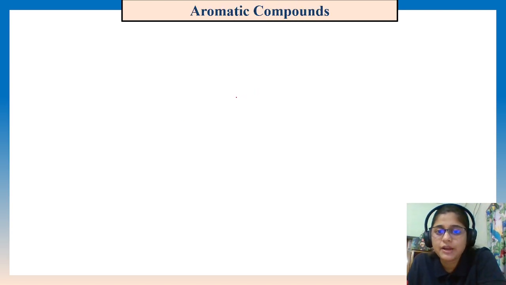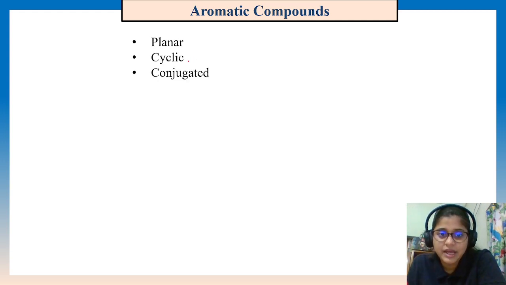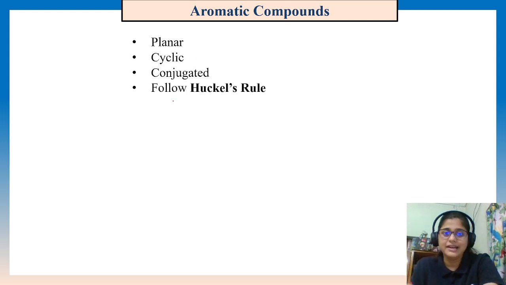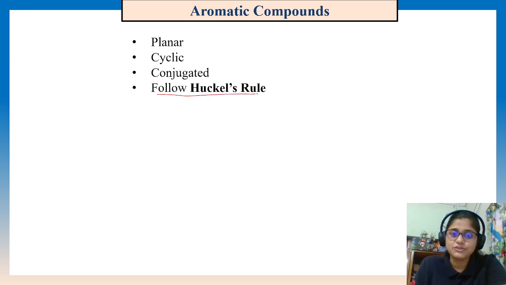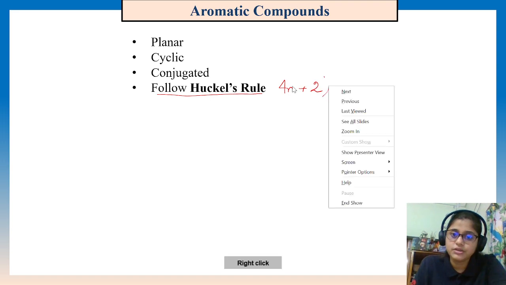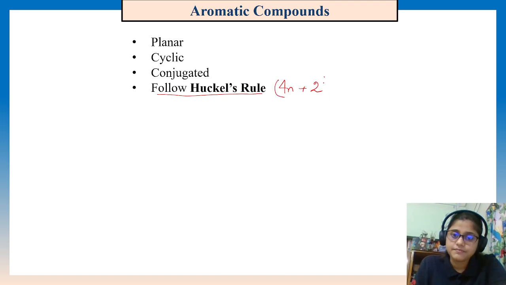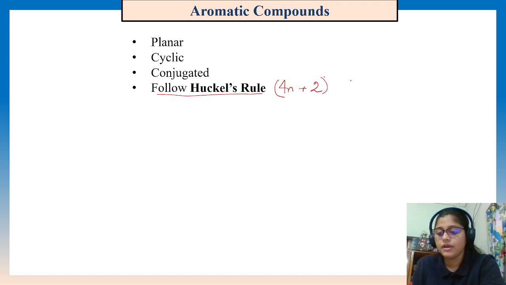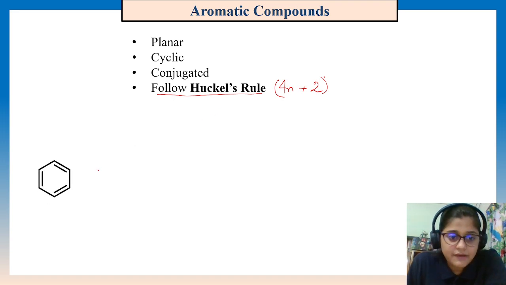Now coming to aromatic compounds and their properties. Planar, we have previously read it, right? Planar, cyclic, conjugated, and following Huckel's rule. Here comes the main thing: Huckel's rule means it should have 4n plus 2 pi electrons. Benzene we have seen.